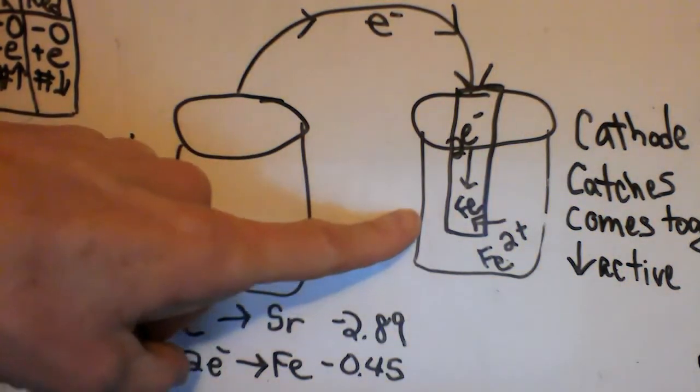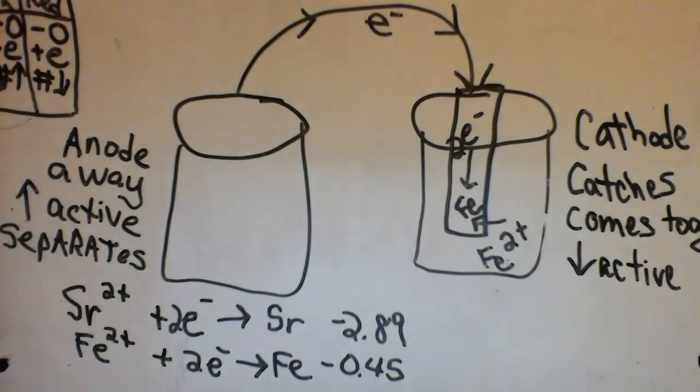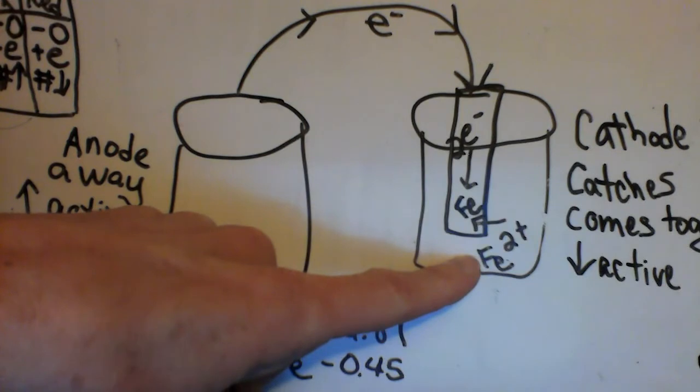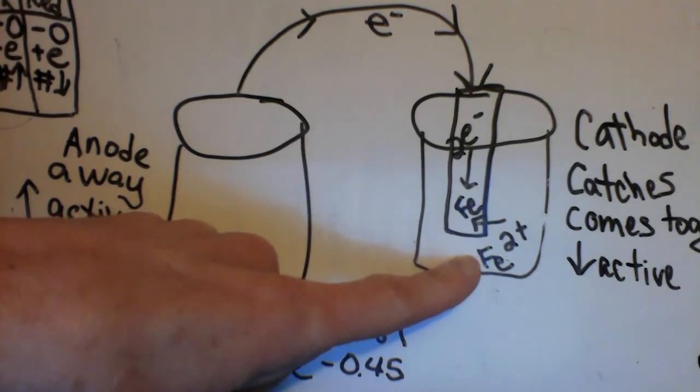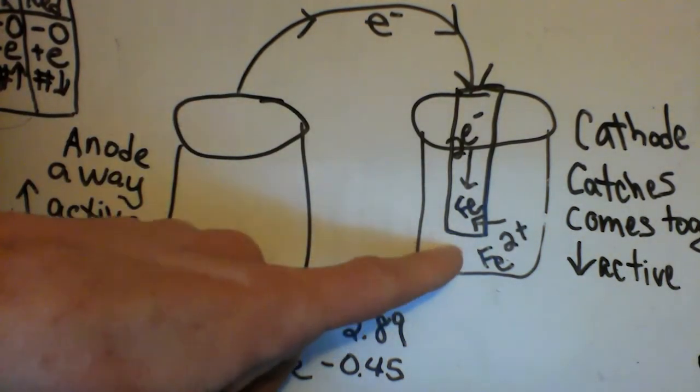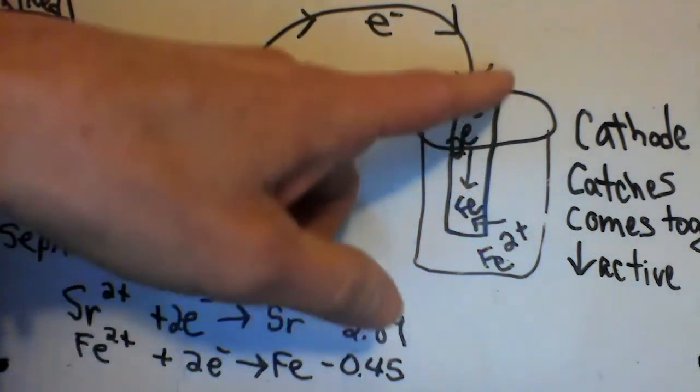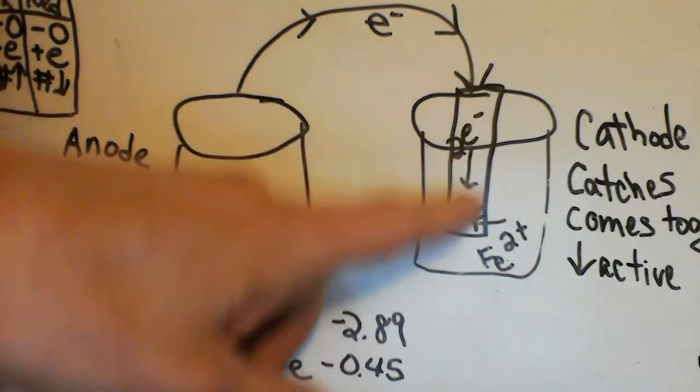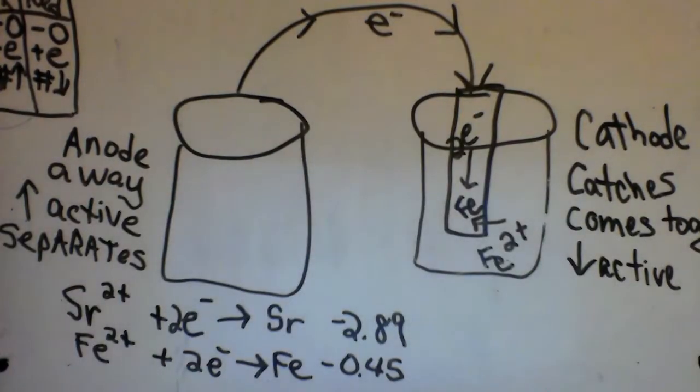So in this beaker, I've shown in my drawing this half reaction. We have iron cations, Fe2+, that are in the solution because the solution always has cations of whatever metal the electrode is made up of.